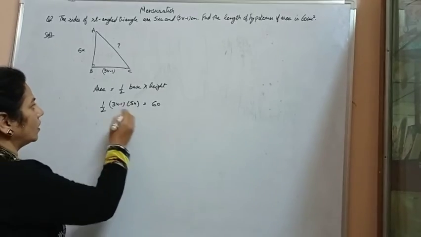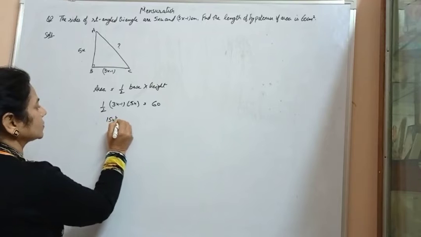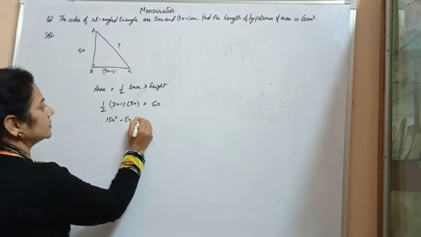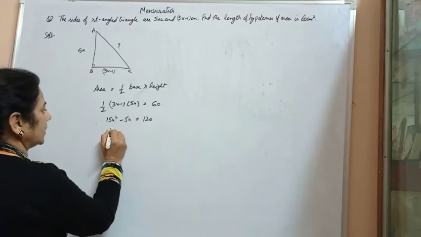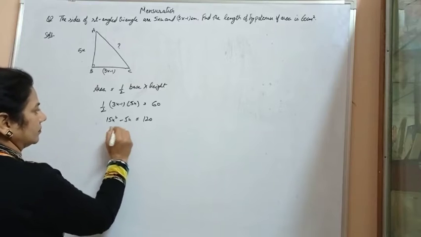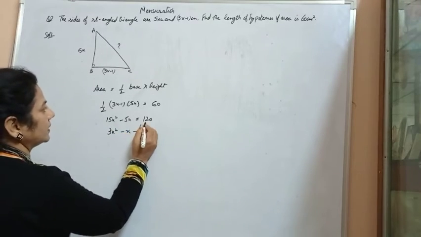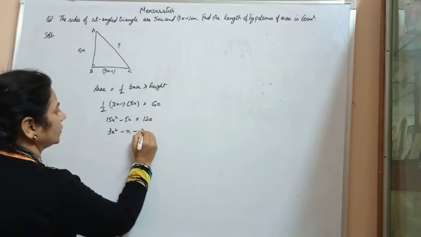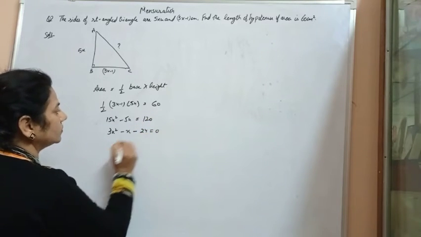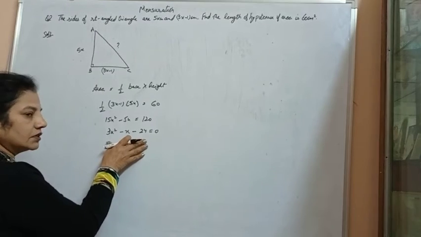On multiplying, we get 15x square minus 5x is equal to 120. Make the quadratic equation 3x square minus x minus 24 is equal to 0. Solve this quadratic equation.